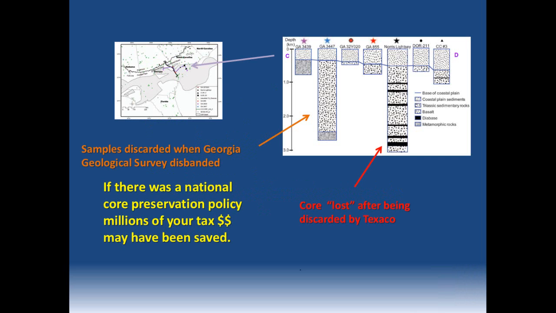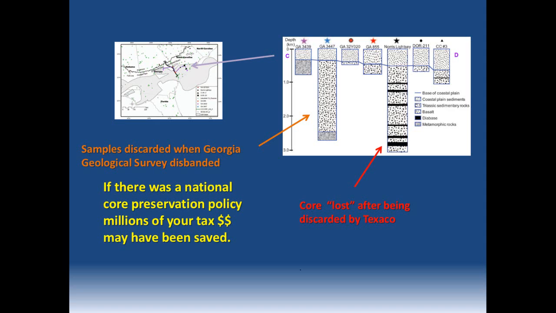And the last conclusion is that the millions of dollars that were spent on this probably could have been avoided if the Geological Survey of Georgia hadn't been disbanded and thrown this particular sample away. And Texaco didn't give away their core, and it got lost subsequently.